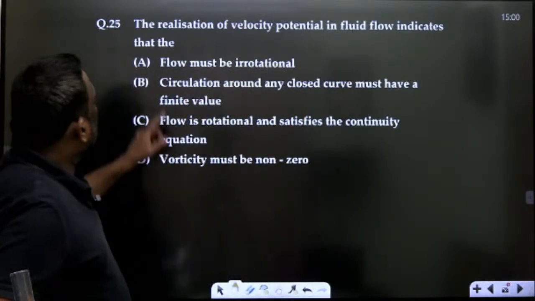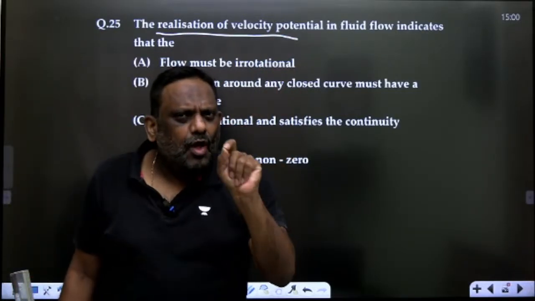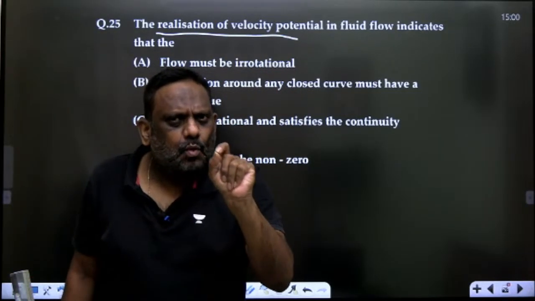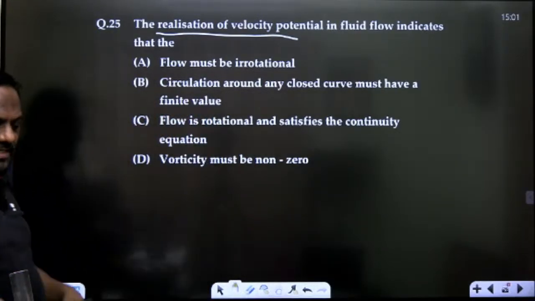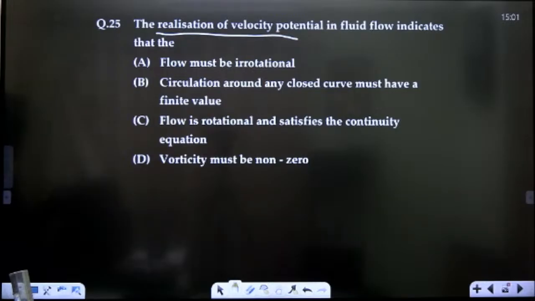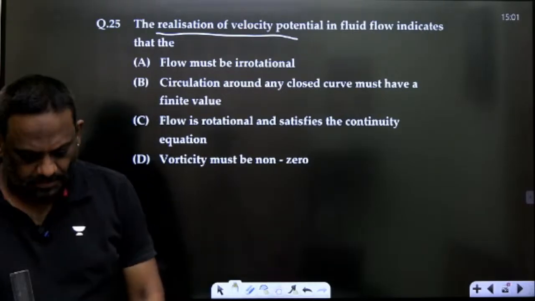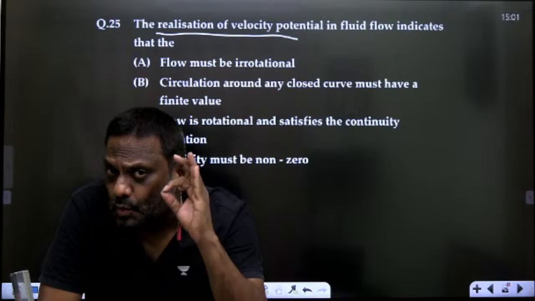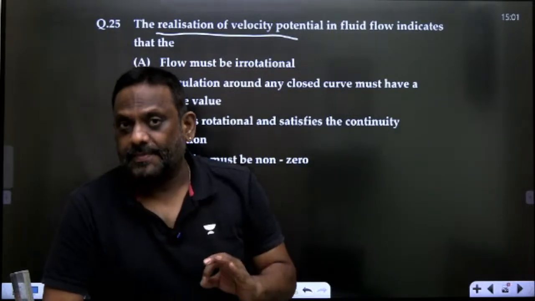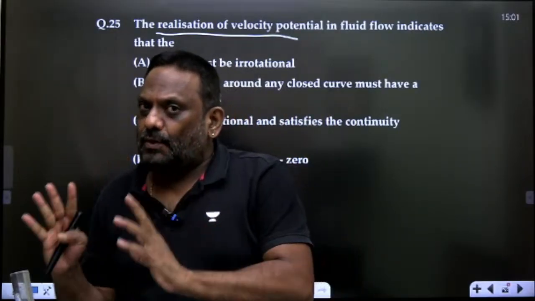The speed is good. The realization of velocity potential functions. You know that velocity potential function exists only for which type of flow? Please give the answer. I want everyone to give the answer. Velocity potential function exists only for irrotational flows, but stream function can exist for rotational as well as irrotational.